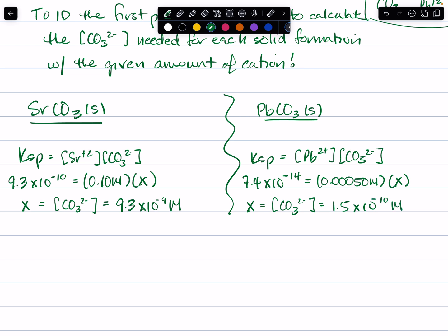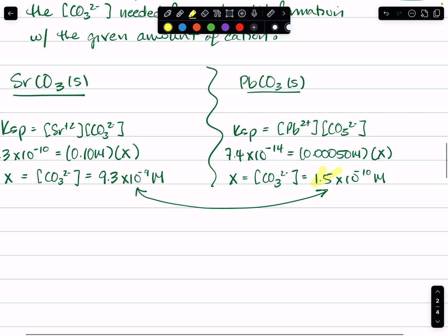All right, so now I'm going to compare these two numbers, right? And I'm going to see that the amount of carbonate needed to precipitate out the lead carbonate is less. So I will see precipitation of that lead carbonate first.